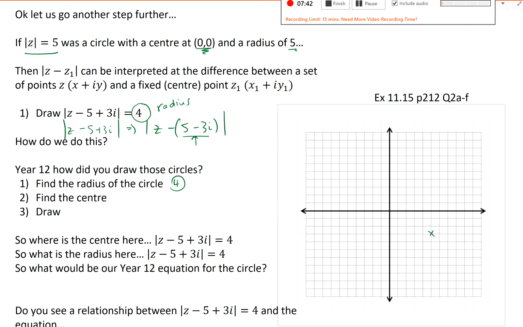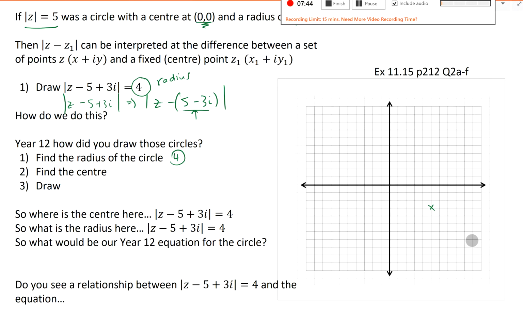It's got a radius of 4, so I just go up 1, 2, 3, 4, 1, 2, 3, 4, 1, 2, 3, 4, 1, 2, 3, 4. There is my loci for this particular equation. Okay, hopefully that makes sense.